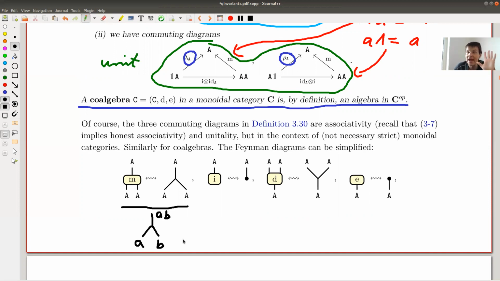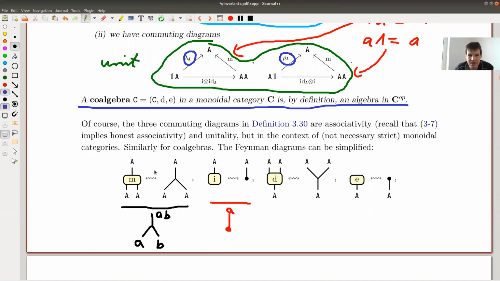That's my multiplication merge. The unit is this morphism. It's like the starting dot. It goes from nothing, which is the monoidal unit, to my A. It basically assigns nothing. It just spits out A.